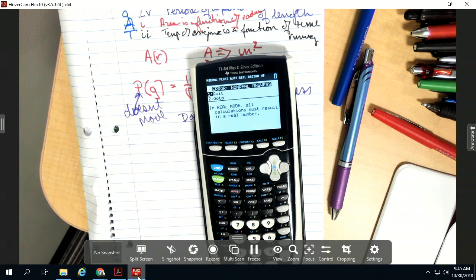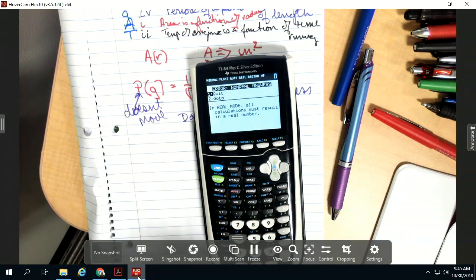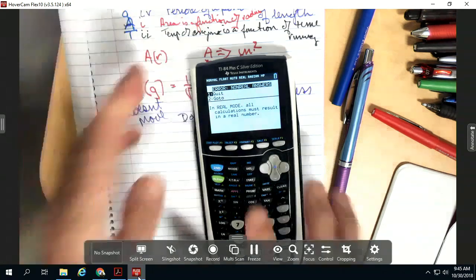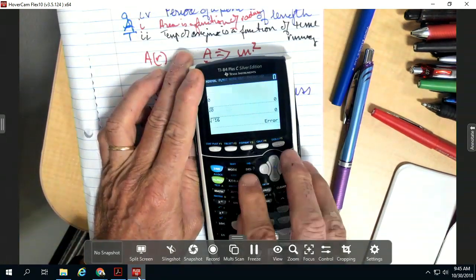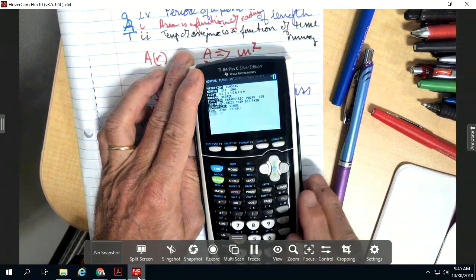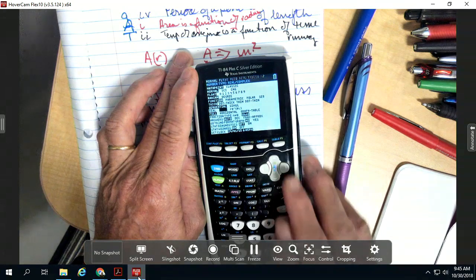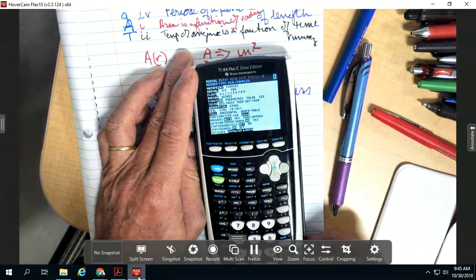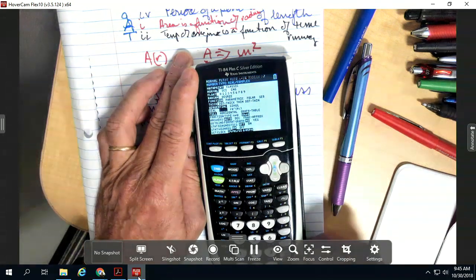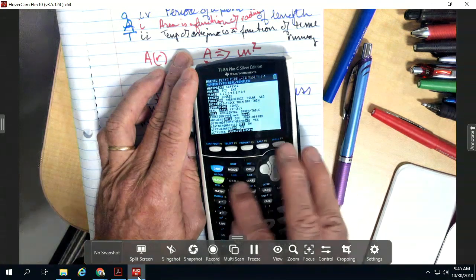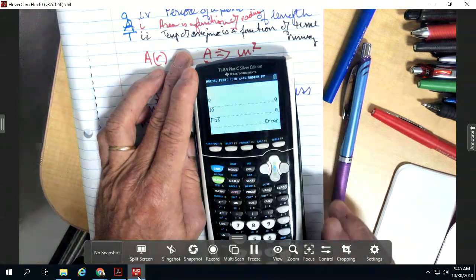So let's change our calculator to not real mode. So let's go to mode. Oops, I have to quit first. I'm going to go to mode and scroll down here to real. And I'm going to try this form right here. And second quit.